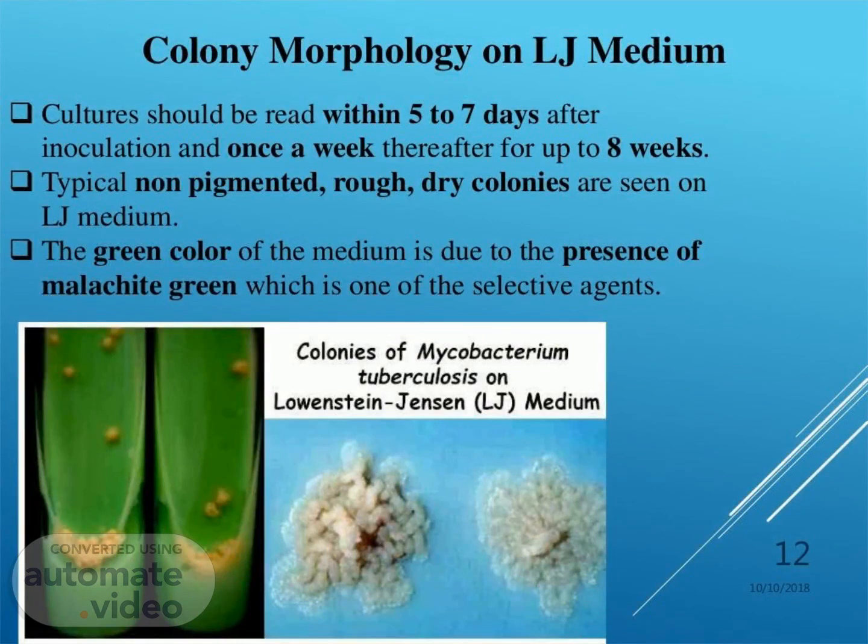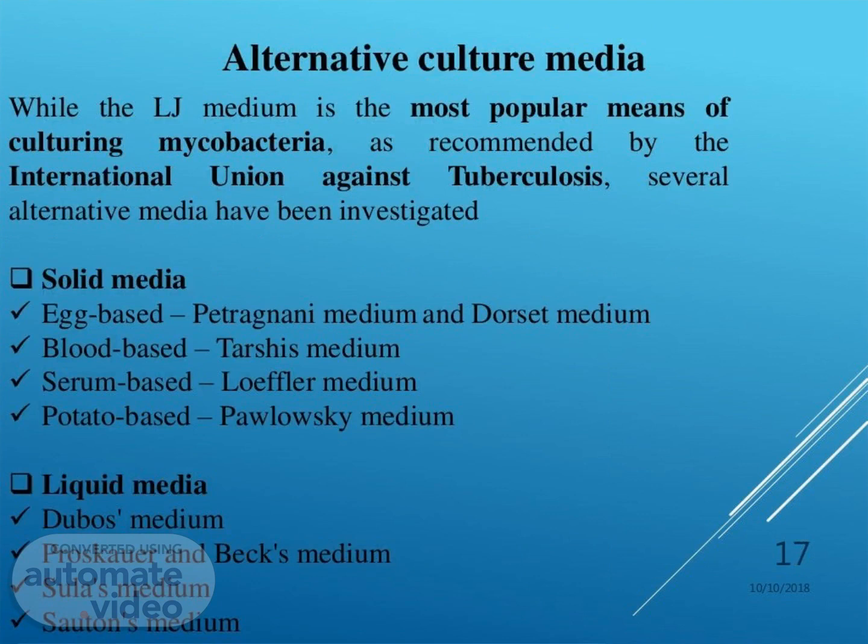Cultures should be read within 5 to 7 days after inoculation and once a week thereafter for up to 8 weeks. Typical non-pigmented, rough, dry colonies are seen on LJ medium. The green color of the medium is due to the presence of malachite green, which is one of the selective agents. There are other alternatives for LJ medium for culturing mycobacteria.